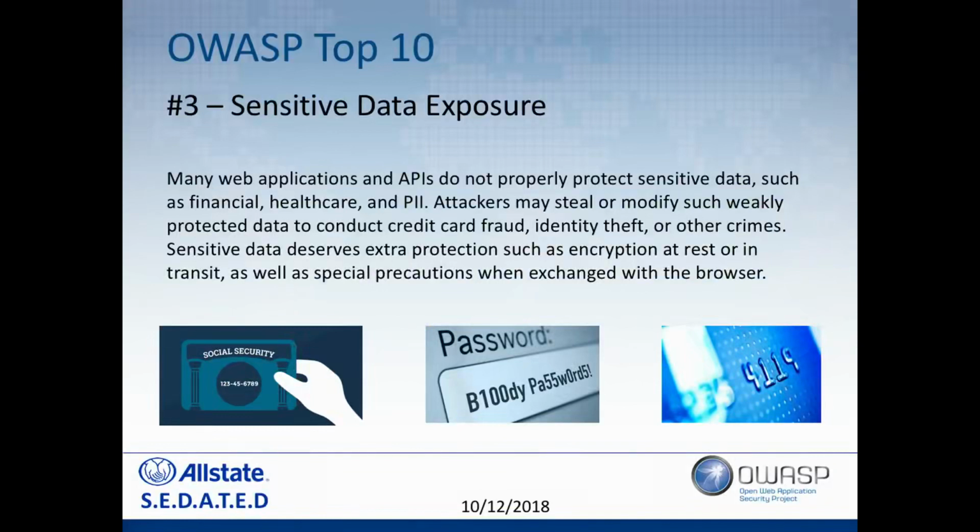So it's on the list because you should be protecting it properly. Whether it be in transit, when you're transmitting it across the line, you should be doing it securely. Or when you're storing it, you should be storing it securely, and you should have proper access control mechanisms in place for that data. So it's number 3 on the list. It's important, and we're going to tie this together. Why are we talking about this and our solution to address some of the problem statement?